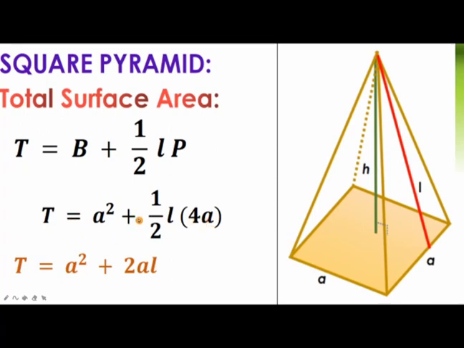Therefore, the formula for the total surface area is now given by T is equal to A squared plus 2AL. Again, A is the side of the square base, L is the slant height of the pyramid.